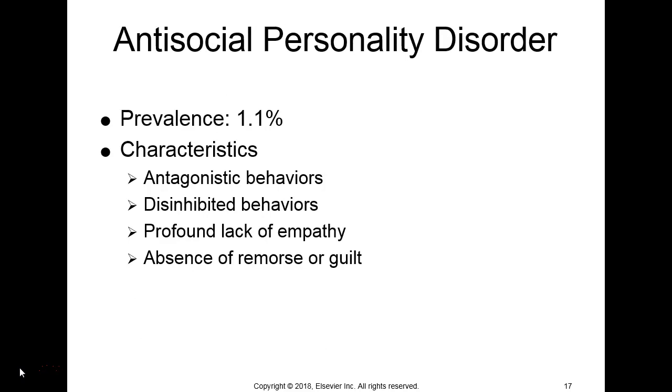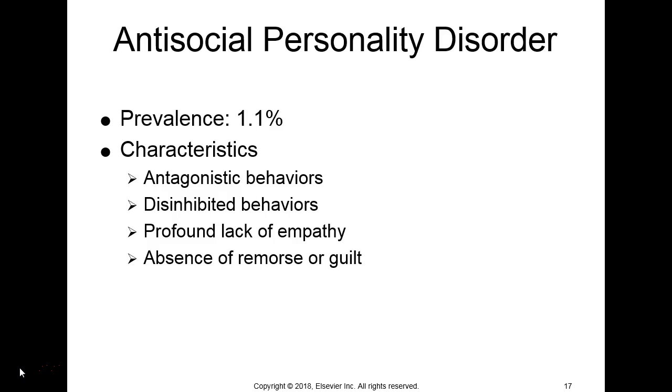Antisocial personality disorder. About 1.1% of the population has this, and antisocial personality disorder really is very, very difficult, because these are people that are also called sociopaths, and so maybe you're more familiar with that type of term.